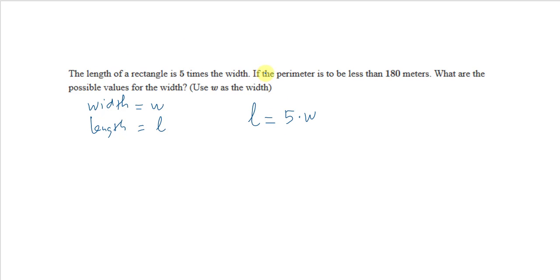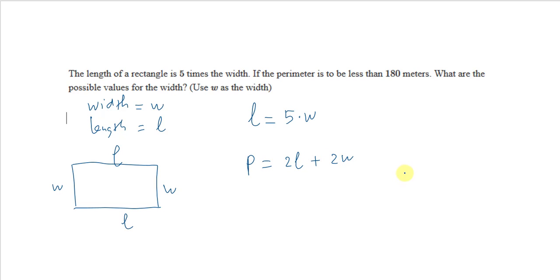Now, if the perimeter is to be less than 180, remember this is a rectangle, so we have the width W here and the length L. The same thing here, W and length L. The formula for perimeter is P equals 2 times the length plus 2 times the width.